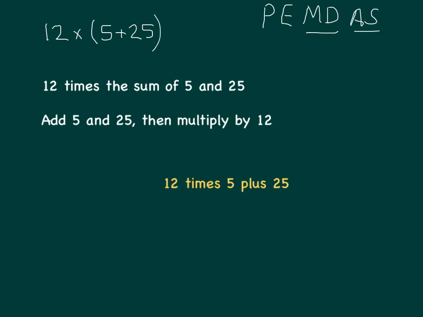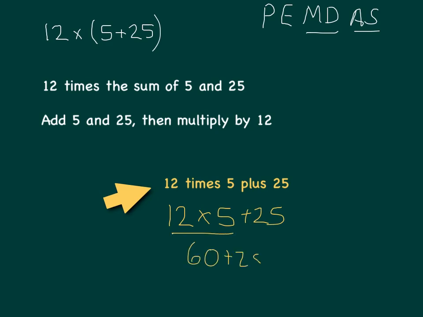Watch out for this answer here. This is absolutely wrong. A lot of people are tempted to just go left to right and read it the way they see it: 12 times 5 plus 25. But if I take this quite literally, what I actually get is 12 times 5 plus 25, and that's going to give me an answer of 60 plus 25 equals 85, because this does not tell me to put the parentheses in.